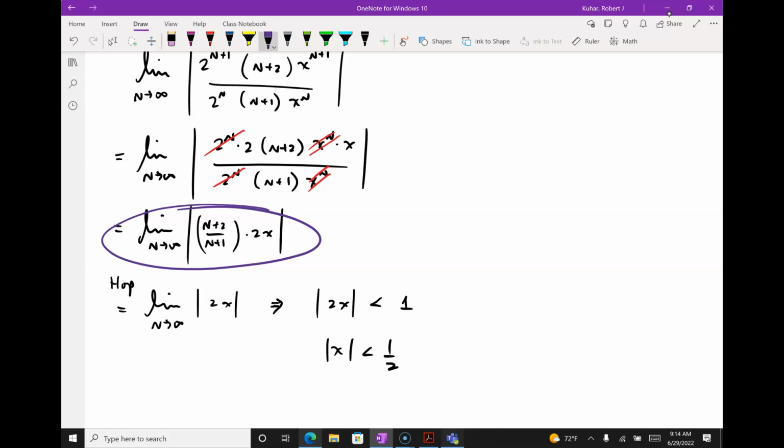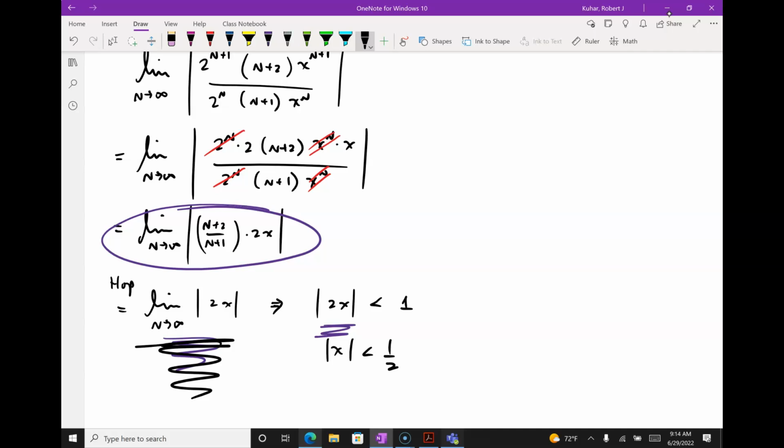And what about this line right here? How did I go from here to here? From this thing, I'm working on this limit of the absolute value of 2x, but as n goes to infinity, there's nothing to do.